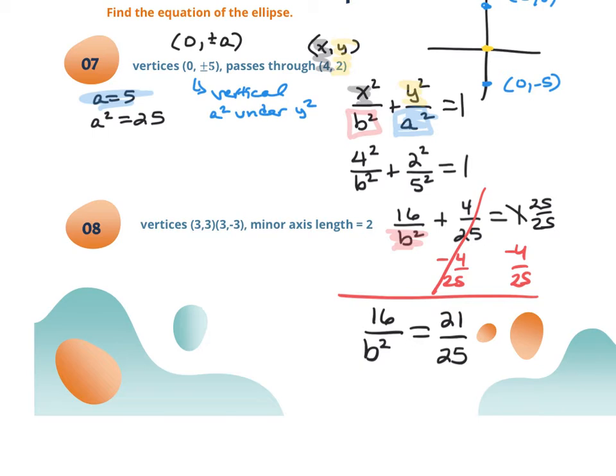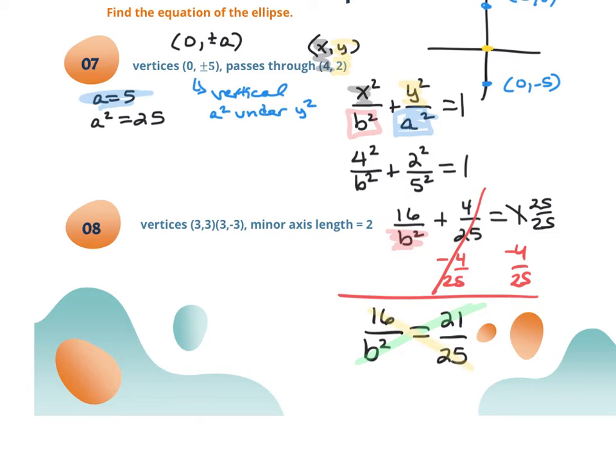Now I need to solve for b squared. When I see 2 fractions set equal to each other, I'm going to treat this as a proportion. Now, you could multiply both sides by b squared to get it out of the denominator, then multiply both sides by 25. But I find it a lot easier, if you see 2 fractions set equal to each other, to do the cross products.